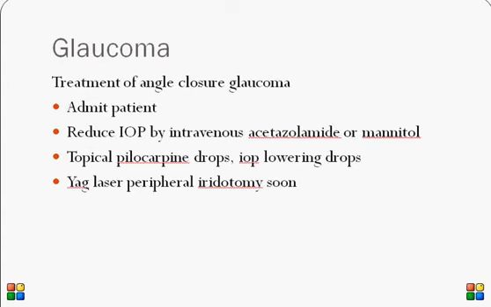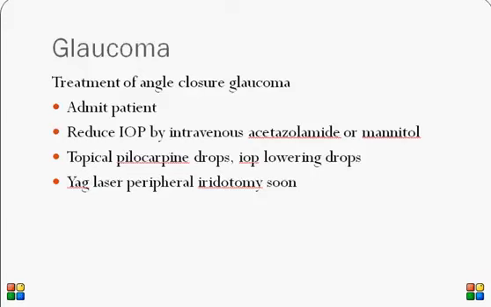How do you treat angle closure glaucoma? You have to admit these patients because it's a very painful condition and it is a vision threatening condition. You reduce the intraocular pressure by giving intravenous acetazolamide, that is a carbonic anhydrase inhibitor, or mannitol, which is a diuretic.